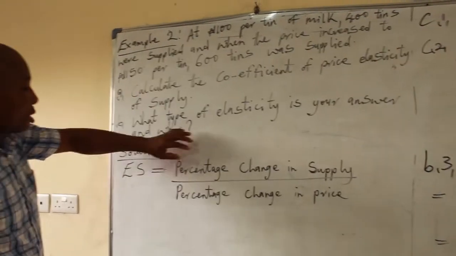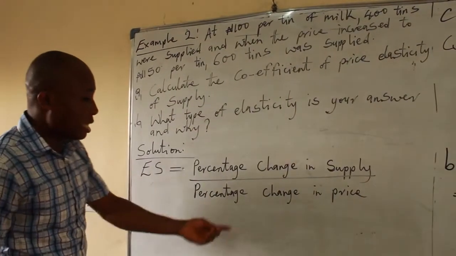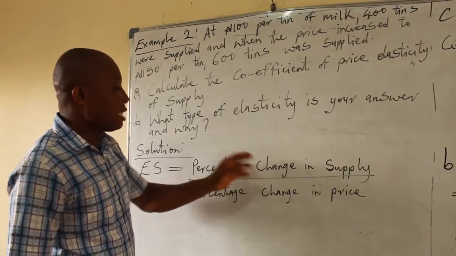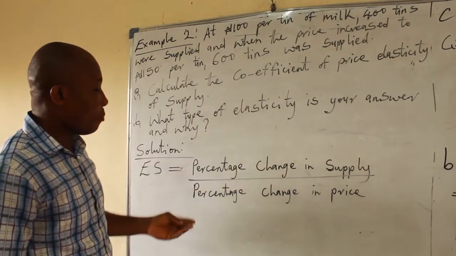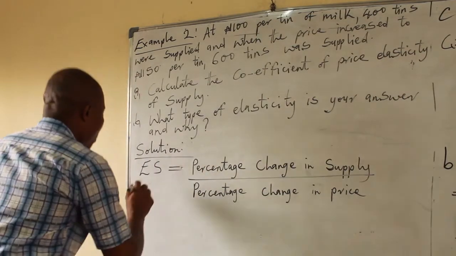Then I will use my percentage change in supply as my A1 and my percentage change in price as my A2.